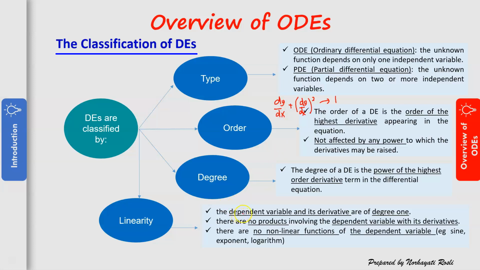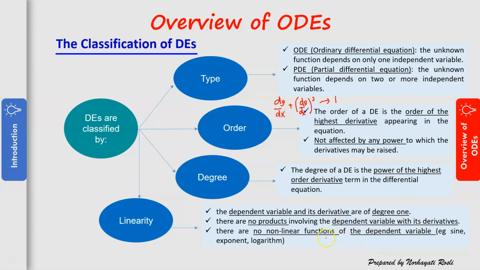Linearity means that the dependent variable and its derivatives are of degree 1. Remember, only degree 1, meaning the power is 1. There are no products involving the dependent variable with its derivative. So you have to know which one is dependent and which one is independent. In this case, it refers to the dependent variable and its derivative. There are no nonlinear functions of the dependent variable.